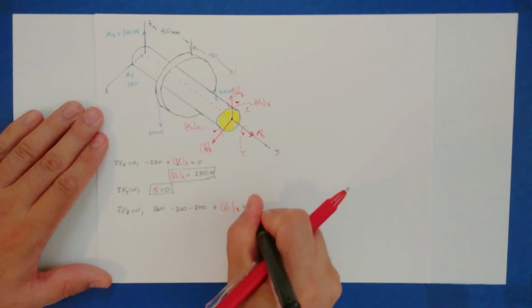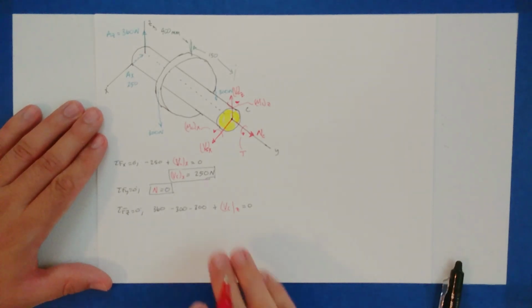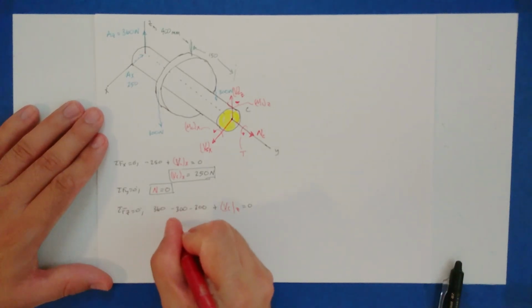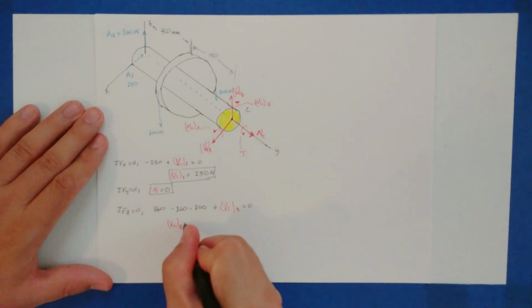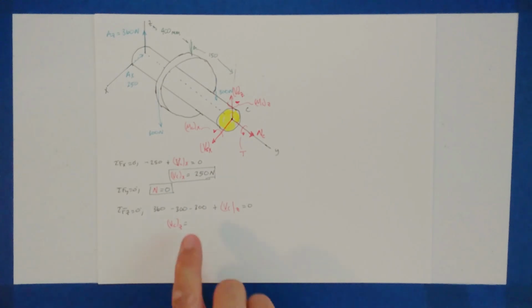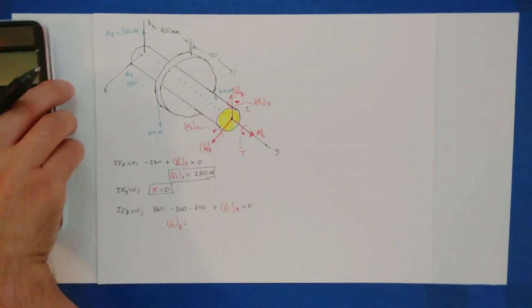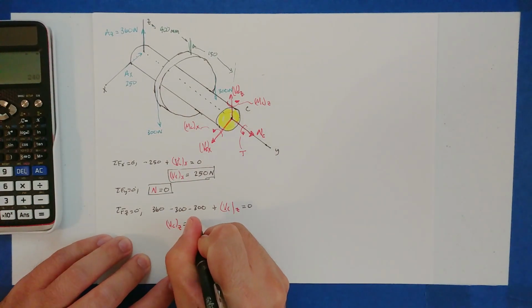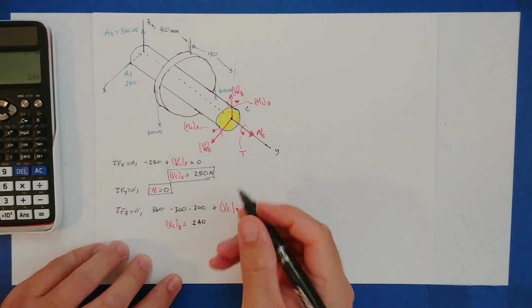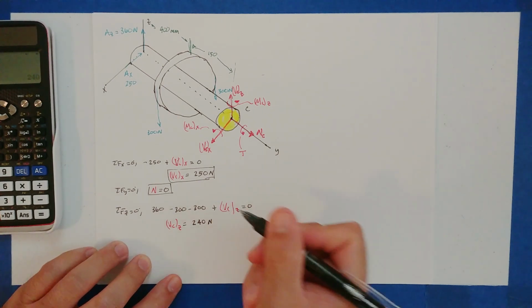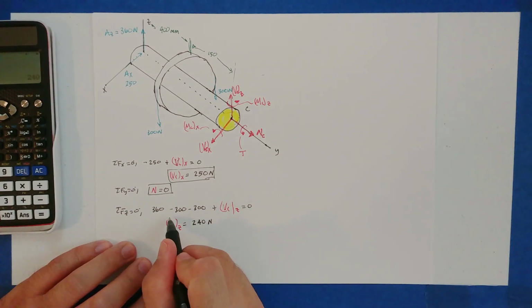There's nothing else, so the sum of all of that must equal 0. We can figure out what the shear force VZ is by moving everything to the other side. So I got minus 300 and minus 300, that's going to be positive 600, minus 360, which should equal 240, right? Yes. So it's 240, and that's a positive number. This is newtons. It's a shear force.